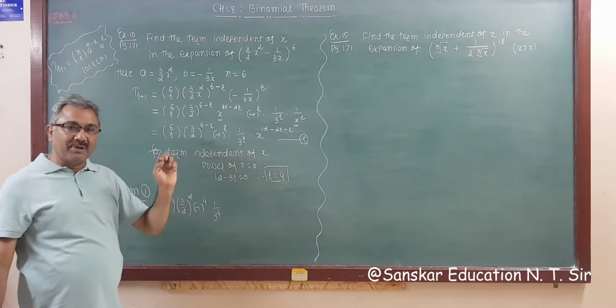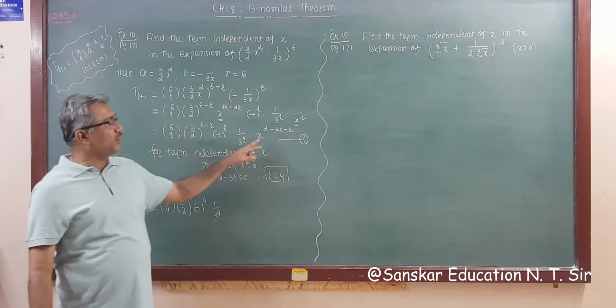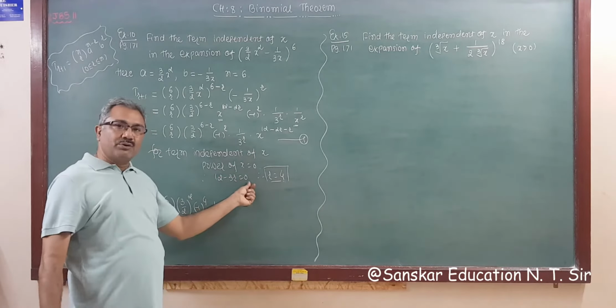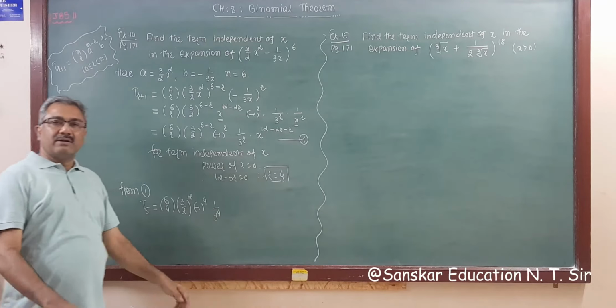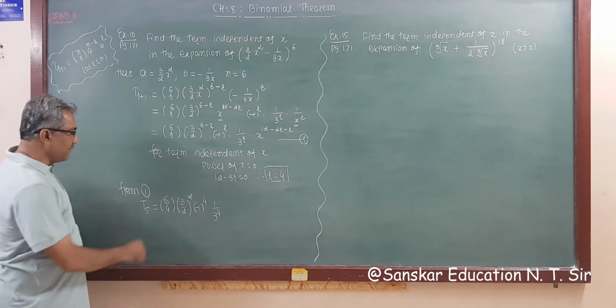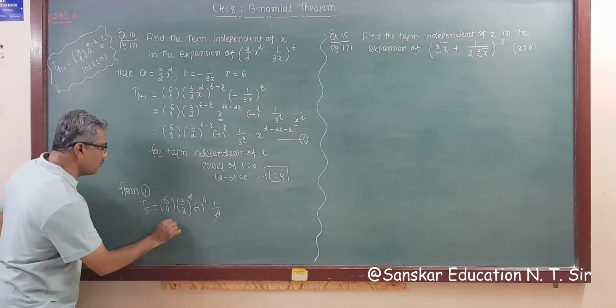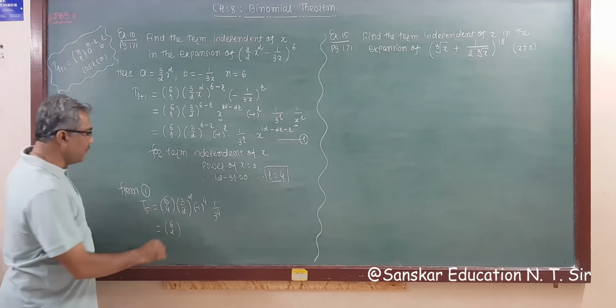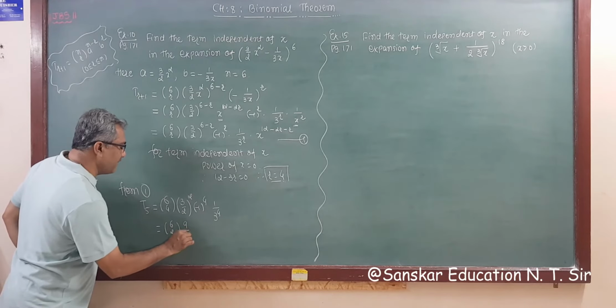For the independent term, the power of x is 0. If it were given to find the coefficient of x raised to 13, then we would take the power equal to 13 and find the value of r. Now 6C4 is nothing but 6C2. So this is 6C2, and (3/2) squared is 9/4.